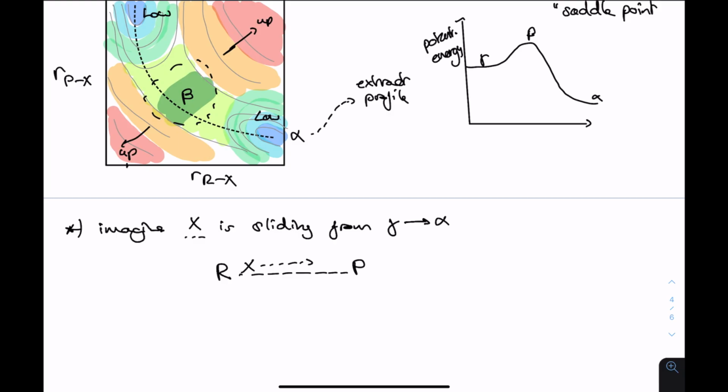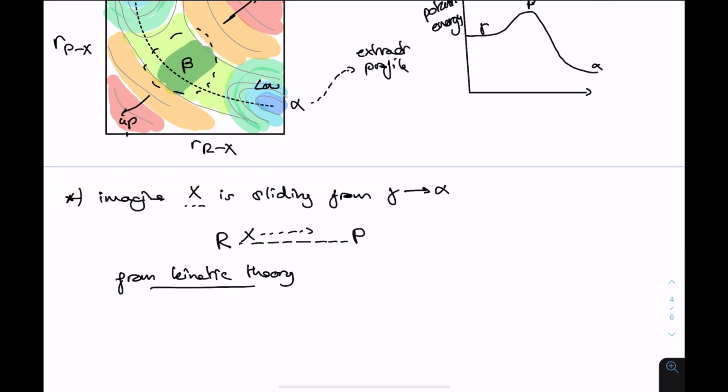So from the kinetic theory, which we saw a bit before, its mean velocity of X, right? So V mean is square root of kB T over 2 pi m.